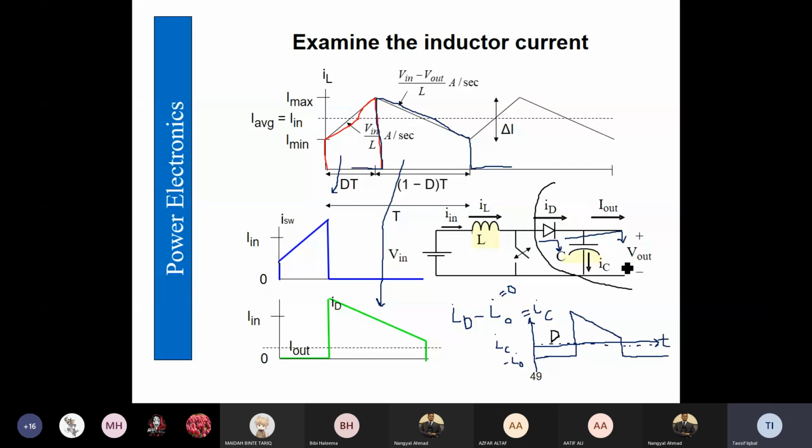All the current needed by the load is given by the capacitor. So therefore a DC current is given to the load by the capacitor, and then it gets charged. So in duty cycle D, the capacitor discharges, and in 1 minus D into T, the capacitor gets charged.